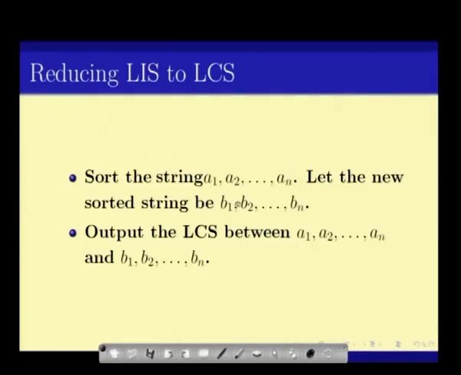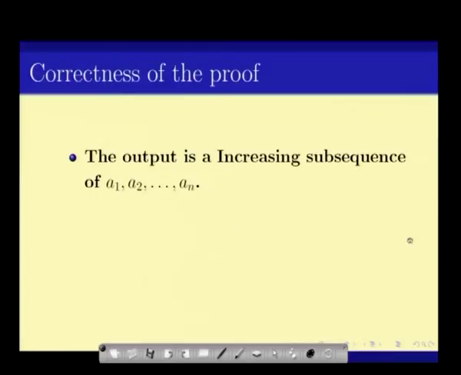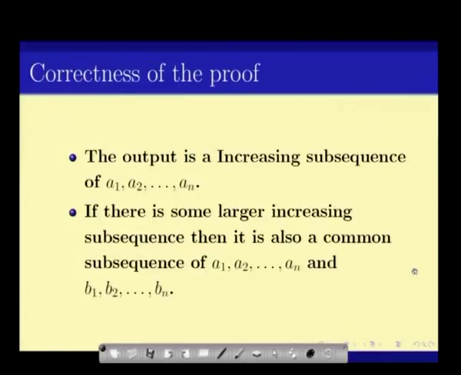Because the longest increasing subsequence of A1 to An is also a subsequence of B1 to Bn, because B1 to Bn is sorted, so that subsequence will not be changed. So, in other words, the output is an increasing subsequence, and if there exists any larger increasing subsequence, then it is also a common subsequence of A1 to An and B1 to Bn.